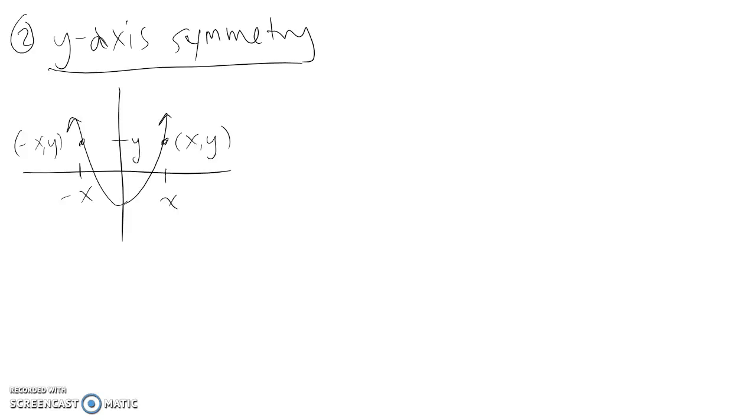Right. So any point on a graph that's symmetric with respect to the y-axis will have points (x, y) and (-x, y) on it. Similarly, we have a test for the equation for y-axis symmetry.